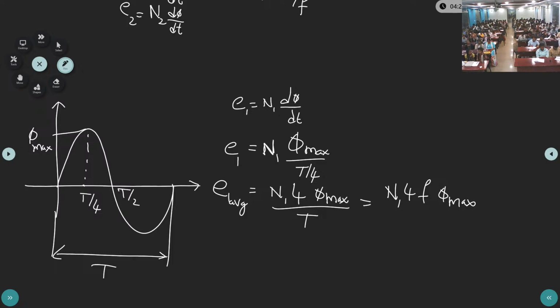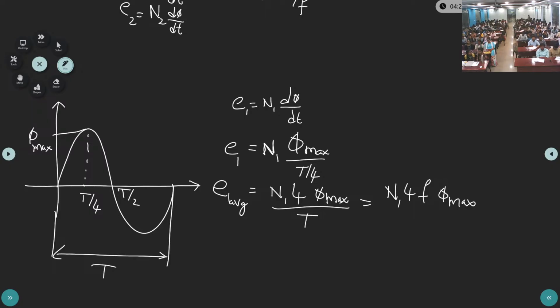In AC, which voltage are we considering? In AC we have the instantaneous value, maximum value, average value, and RMS value. We are saying 230 volts for AC.